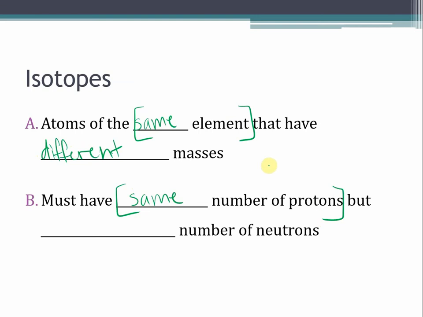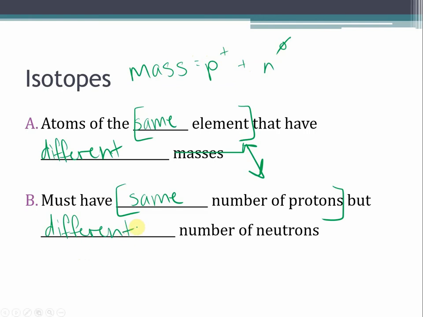These two statements mean the same thing: same element, same protons. But if they have a different mass, and if mass is your protons plus your neutrons, then isotopes with different masses must have different numbers of neutrons. So that's all that's different about them. Same number of protons, same number of electrons, just a different number of neutrons.